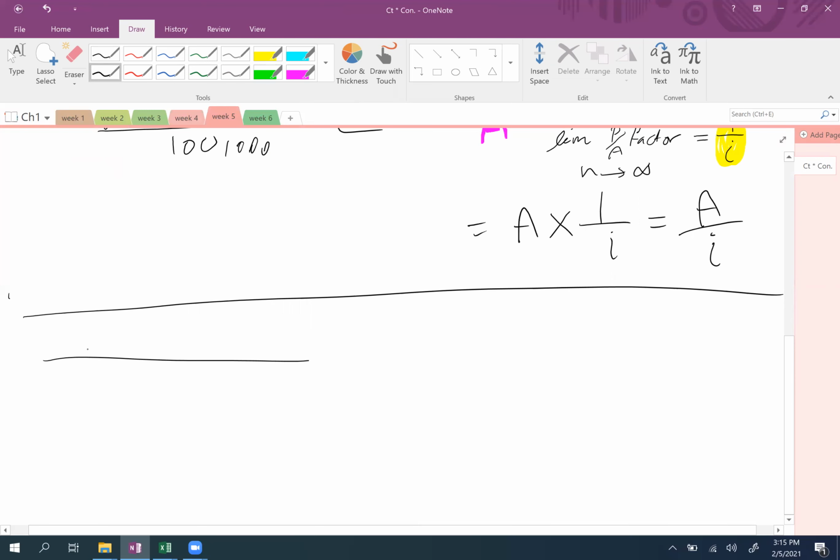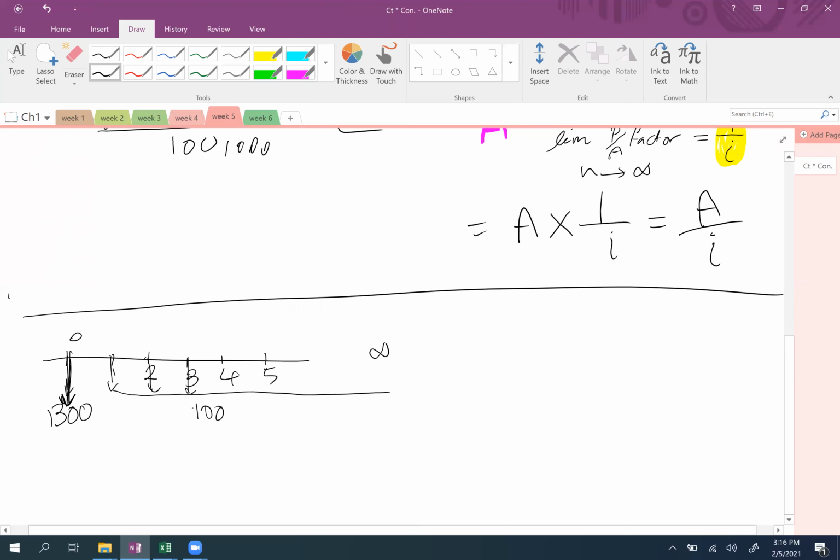Let's say for a project you invest $1,300,000, where I would drop 3 zeros. For this project, you also have to pay an annual operation cost of $100,000 all the way to the end of the lifetime of this project.